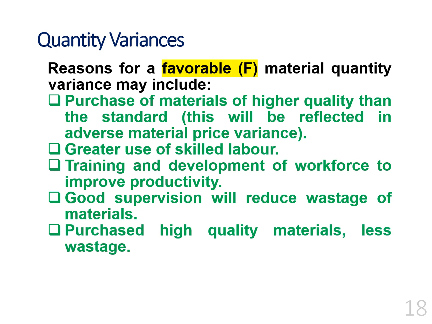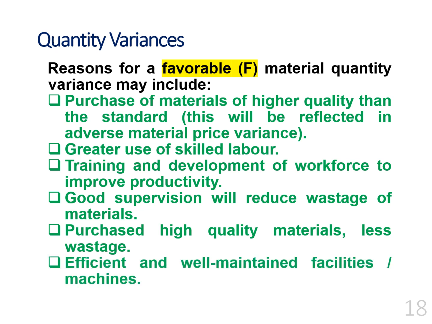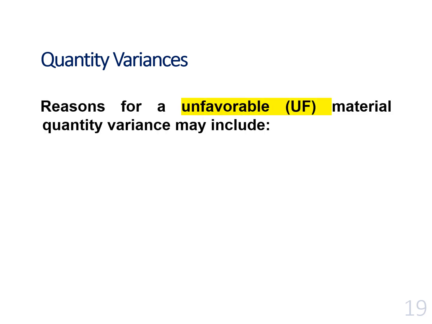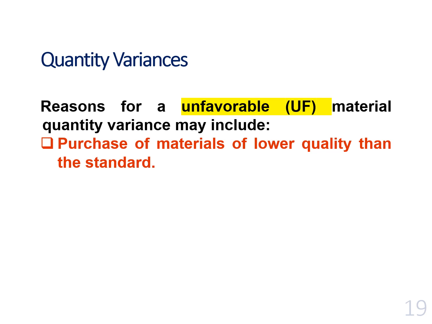Purchase of high-quality materials, less wastage. Efficient and well-maintained facilities or machines. And competent and trained labor. And reasons for an unfavorable material quantity variance may include purchase of materials of lower quality than the standards and use of unskilled labor.